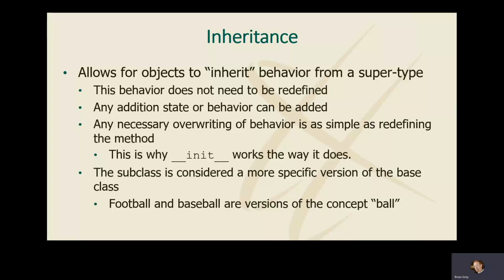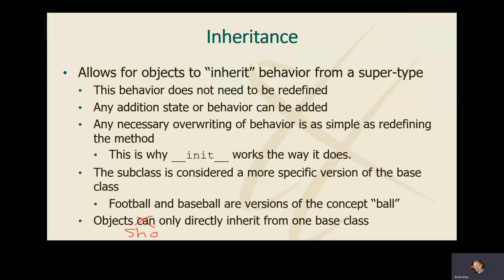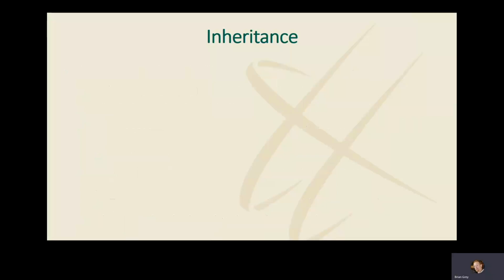So here I'm about to tell a fib. Objects can only inherit from one base class, and this is not true. This is not actually true. Objects really should only inherit from one base class. And there's a reason, and it goes very simply.